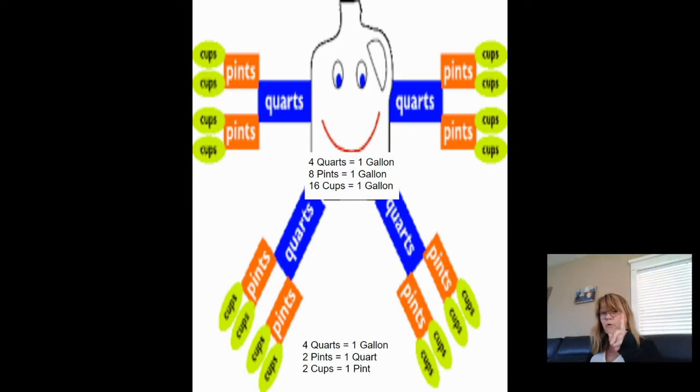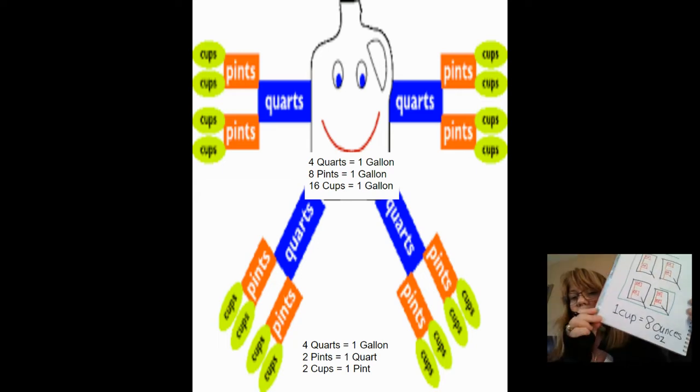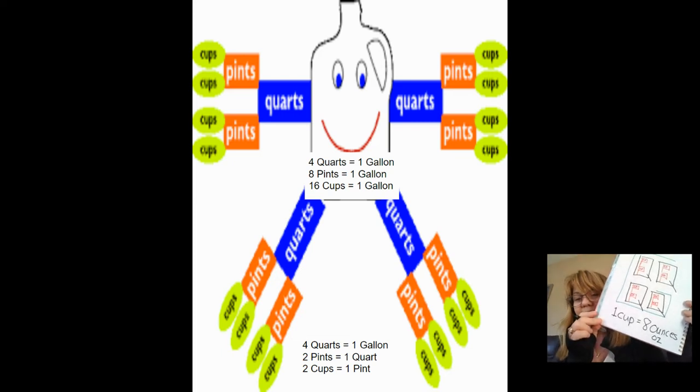But before I do that, I need you to know that 1 cup equals 8 ounces. And ounces abbreviated as OZ. So 1 cup equals 8 ounces.